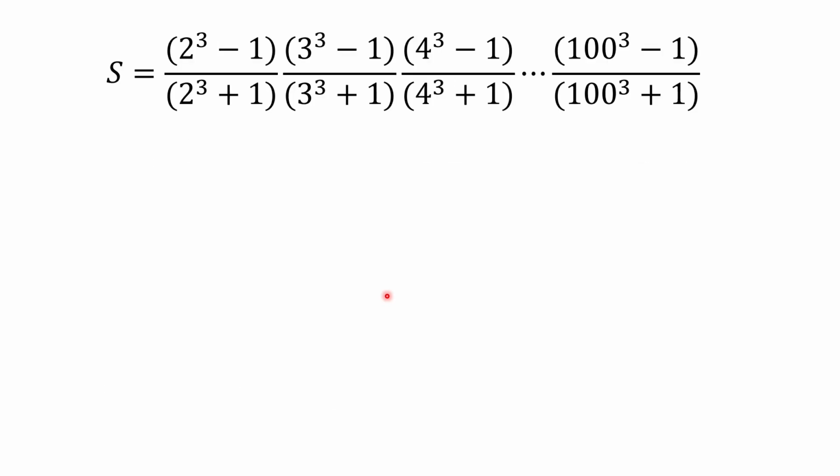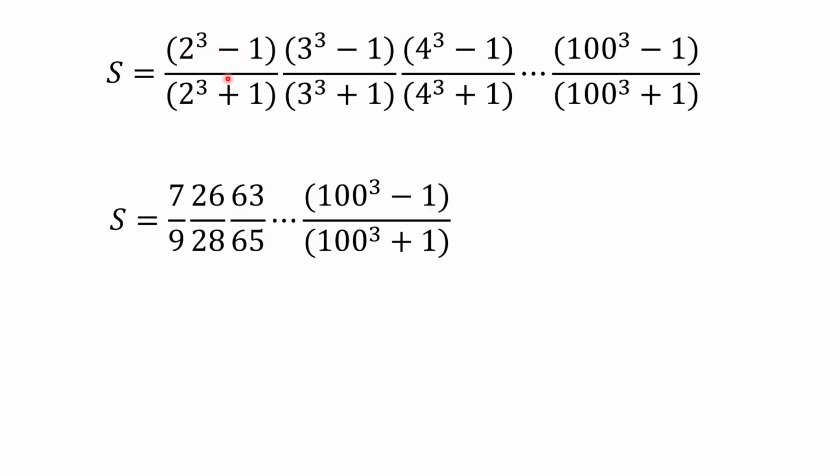What I did is I first tried to evaluate a few terms of this expression by calculating the numbers. So for example, here it's 8 minus 1, it's 7, this is 9, this one is 27 minus 1, so it's 26, this is 28, this is 64 minus 1, 63, 65, and so on.